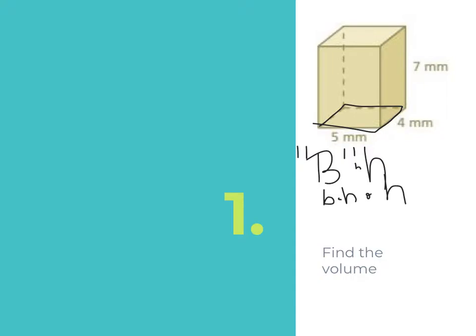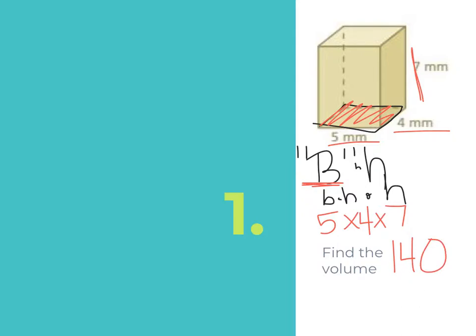So base times height of the base is 5 times 4, and that's just talking about your base. And then times the height of the entire thing, which is 7. So 5 times 4 is 20, and 20 times 7 is 140.